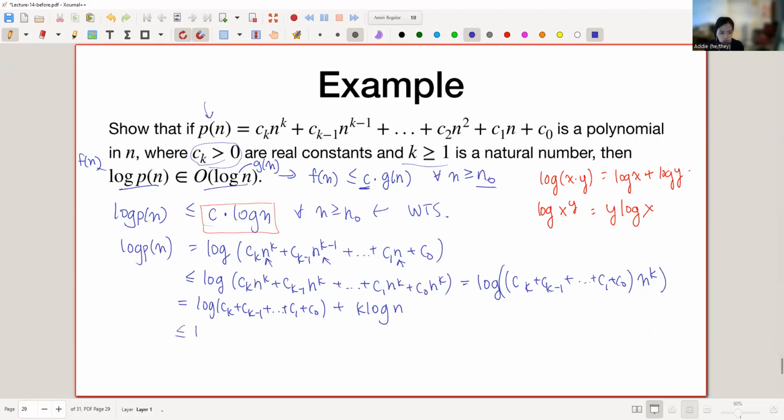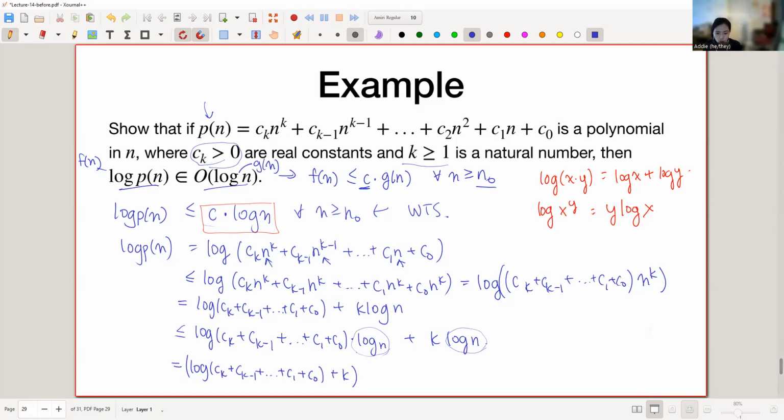So this is less than or equal to log of (c_k plus c_{k-1} plus dot dot dot plus c_1 plus c_0) multiplied by log n, plus k log n. Now we can factor out log n, and it will be log of our constants plus that k, all multiplied by log n. Okay, so this is great.